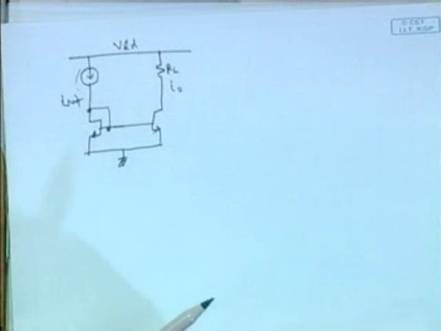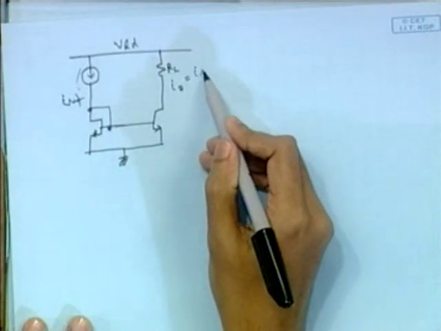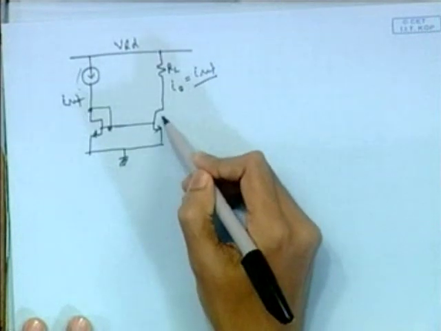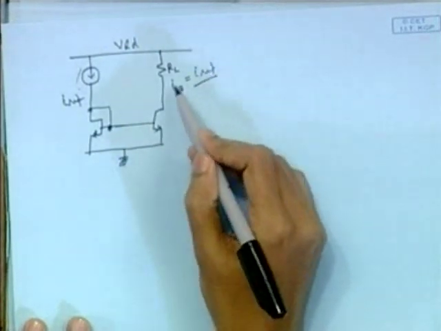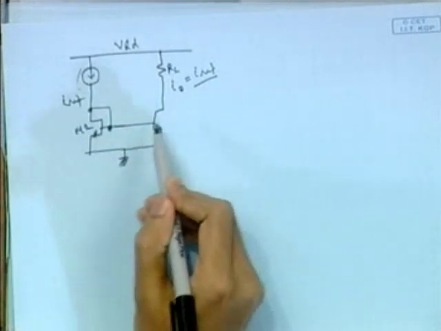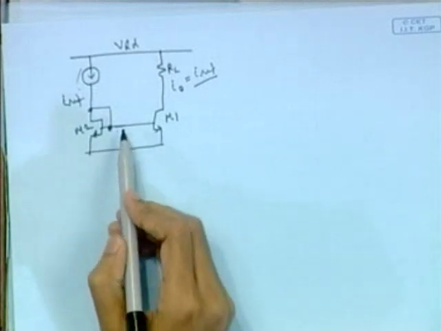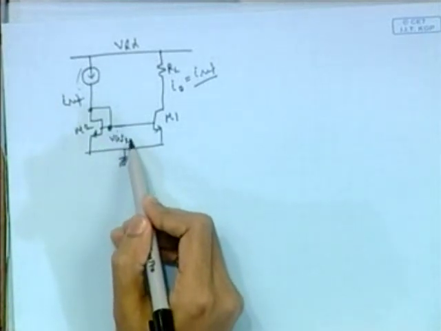I0. Suppose we are interested only in producing I0 equal to IREF. So you have to prove that I0 is really being produced here. Call these M2 and M1. You see that VGS2 is equal to VGS1.